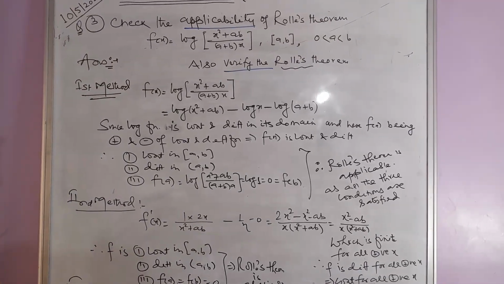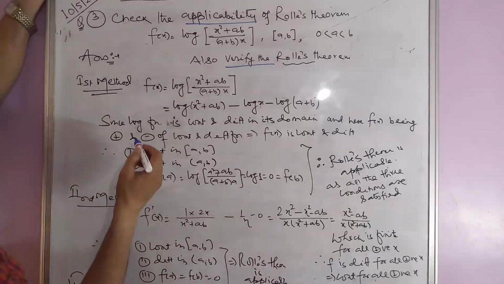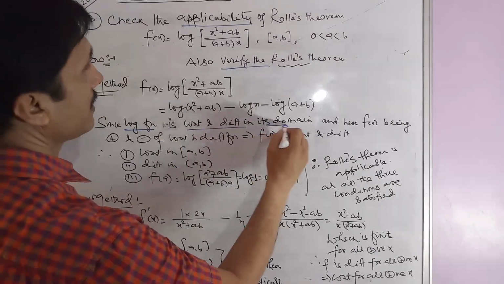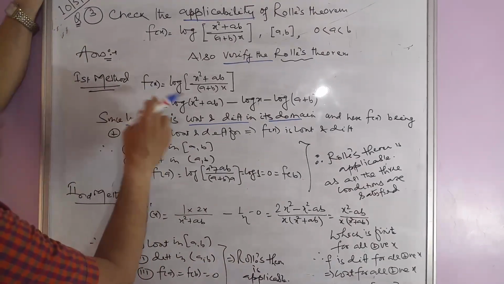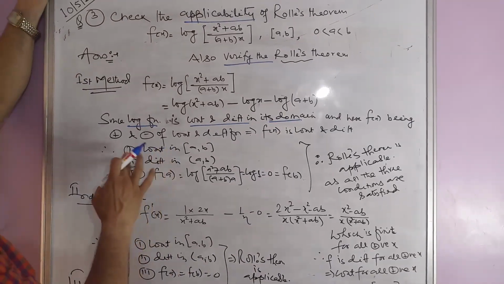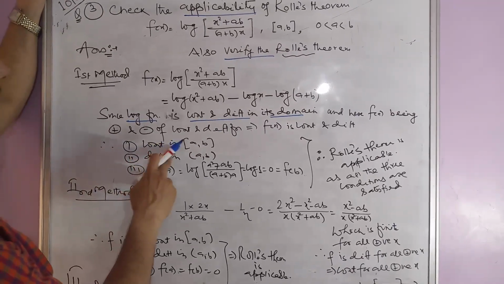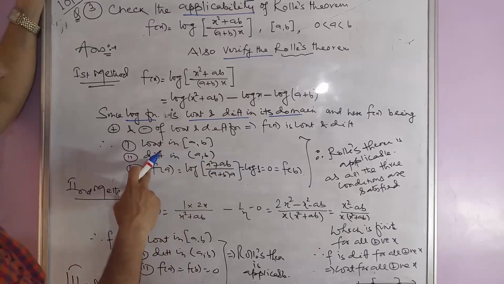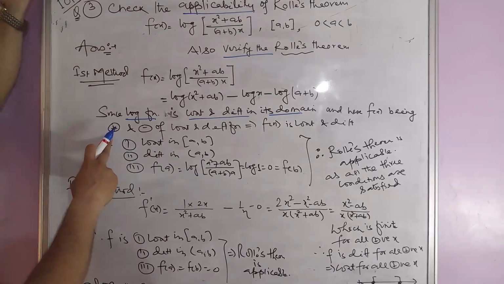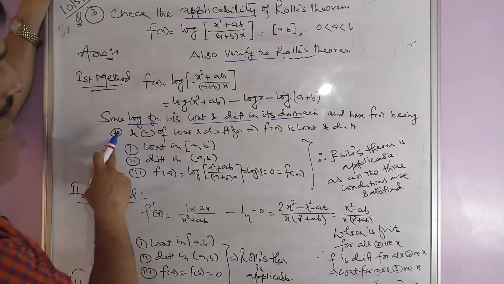Here we use properties of algebraic operations on continuous and differentiable functions. Since the logarithmic function is continuous and differentiable in its domain, here f(x) being the sum or difference of continuous functions, it is continuous in the closed interval [a, b] and differentiable in the open interval (a, b). Here the function is the sum or difference of continuous and differentiable functions for positive x.